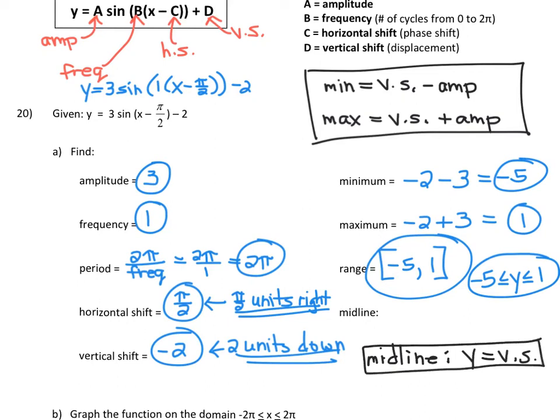So here, our midline would be y equals -2. So that would be the middle height of our graph. That's halfway between -5 and +1.